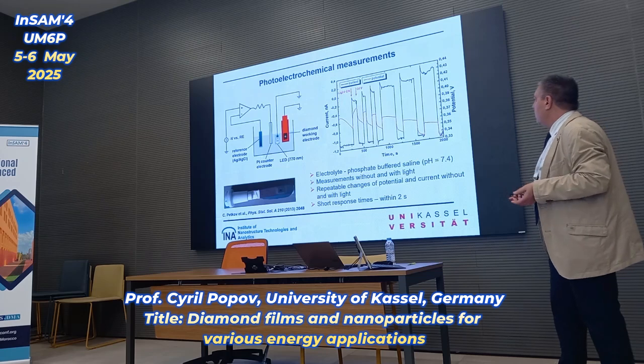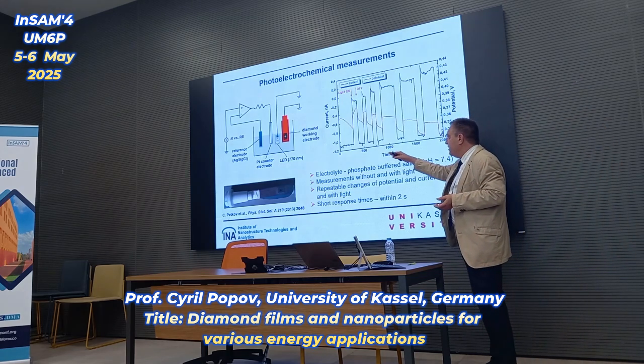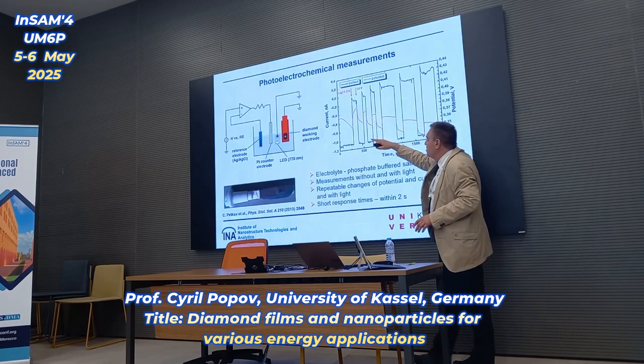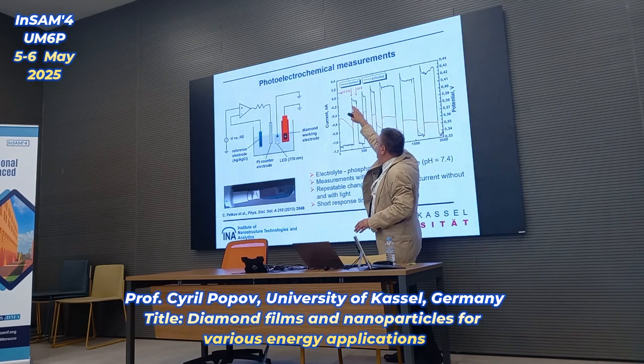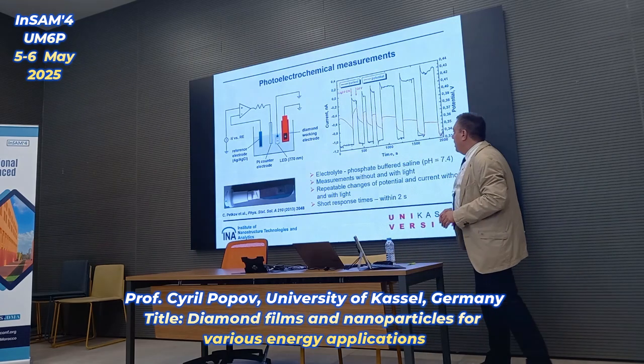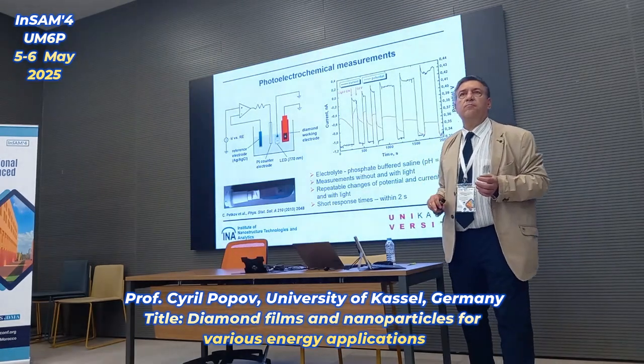And we used also, starting with different electrolytes, and what you can see here, for example, measurement of the current upon switching on and off the light. And also these signals appear with very good short response times within 2 seconds.